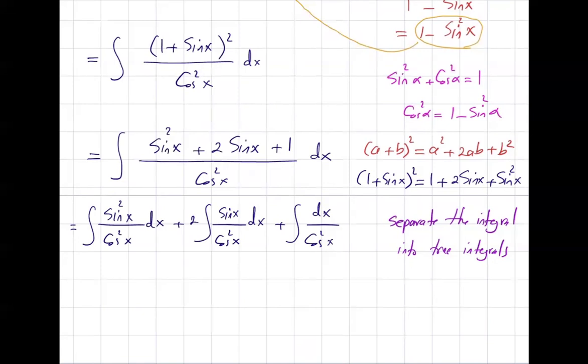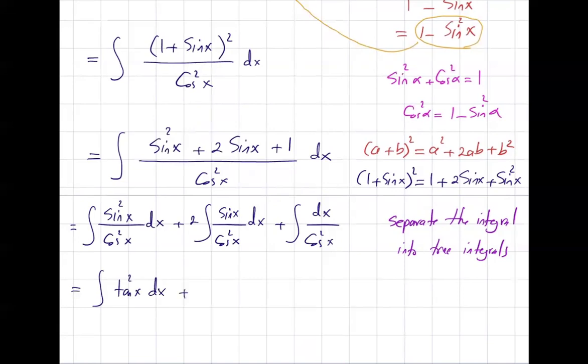So now just take the integral as easy as that. The very first integral is the integral of tangent squared of x dx.